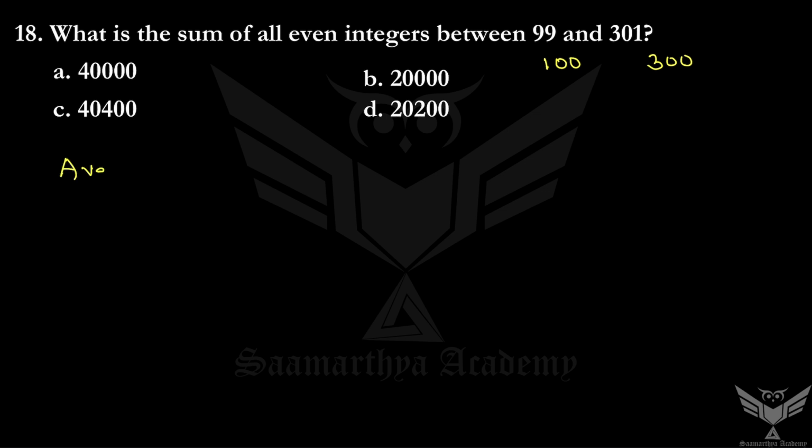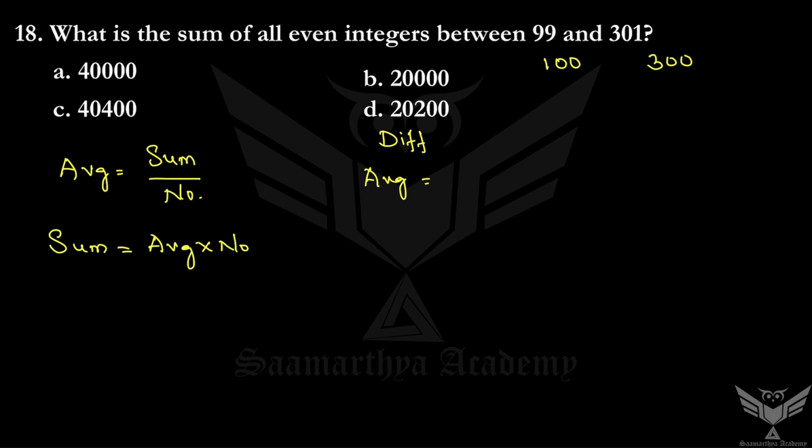One, we know average is equal to sum by number. With this, clearly sum is equal to average into number of elements. Now one more is, if the difference is constant, average is nothing but first term plus last term by 2.